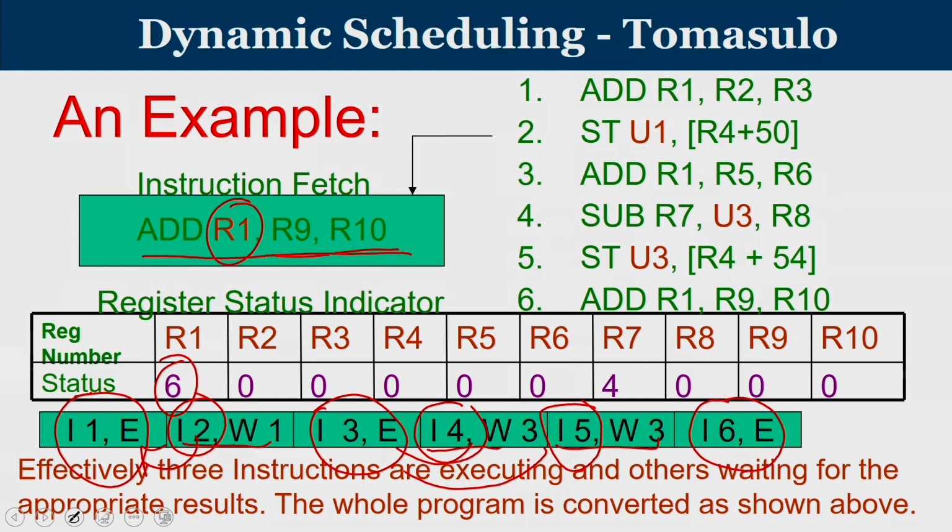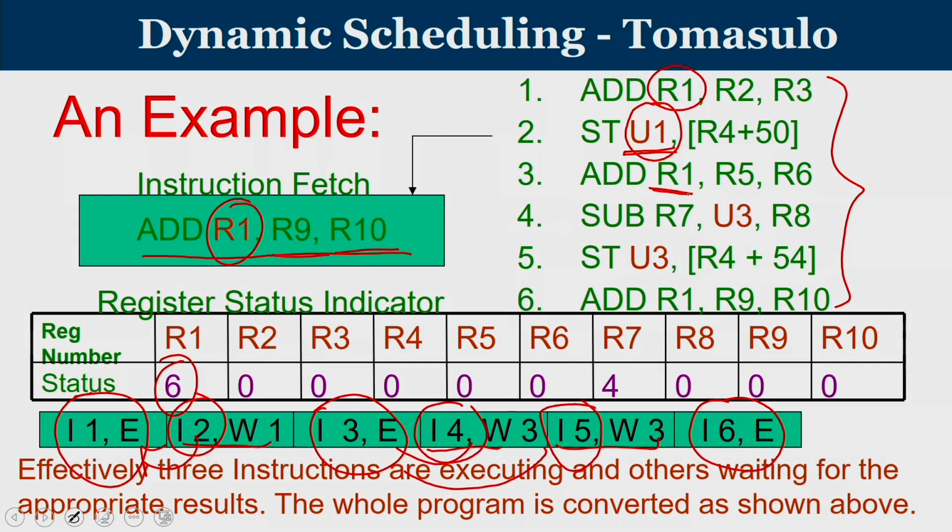So, if you look at it, the whole program can be converted like this. You have your result to be produced in R1. That result, which will be produced by unit number 1, is going to be used here.